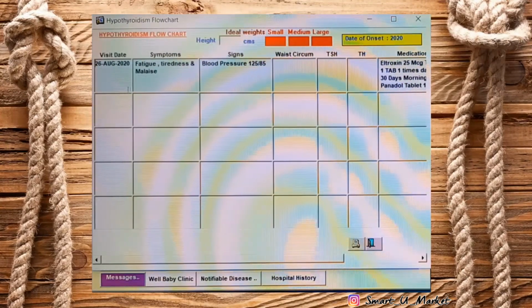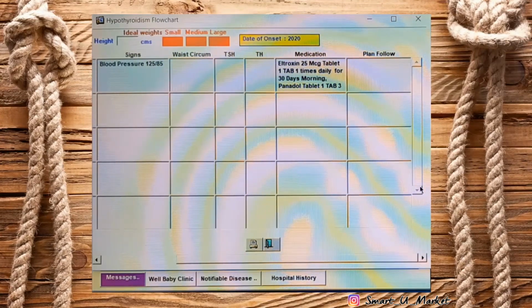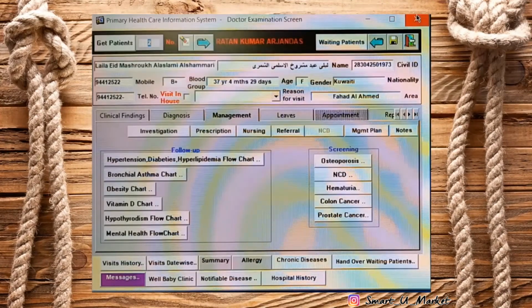She came on 26th of August with fatigue and tiredness and the blood pressure, whatever it was, and the things have been done, and we will show by a hypothyroid chart here the details of the patient.